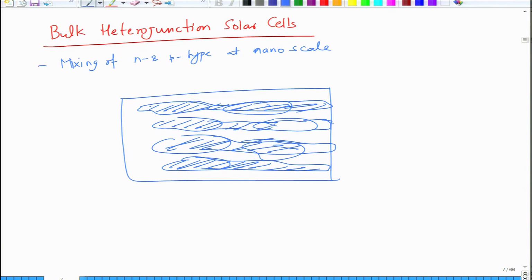So let us say this blue is the N type material and this would be the P type material. Wherever you create the exciton, it will always find an interface in this composite form, provided the phases are distributed in such a manner that each of the two phases has a continuous connection with the electrode.